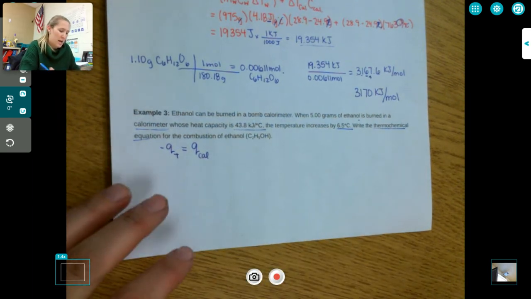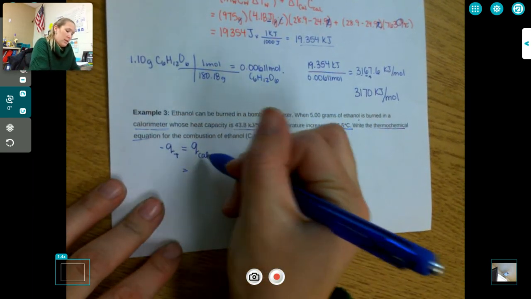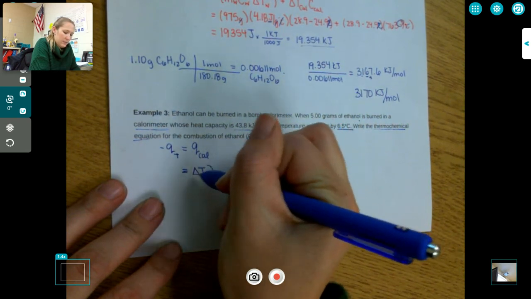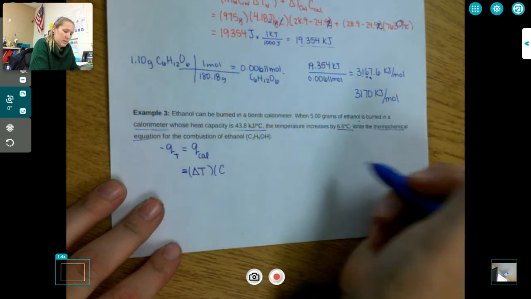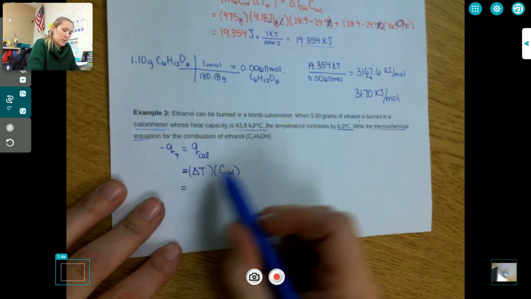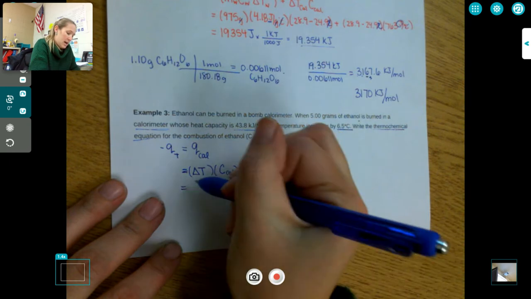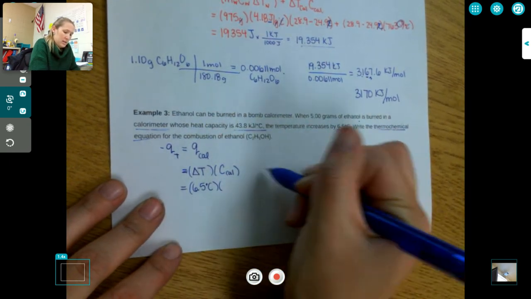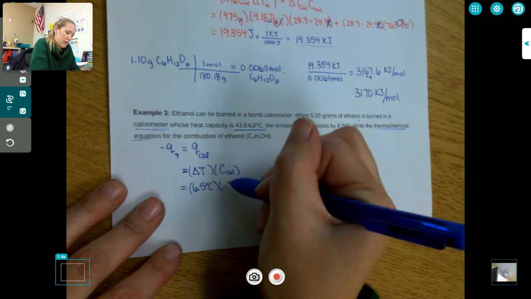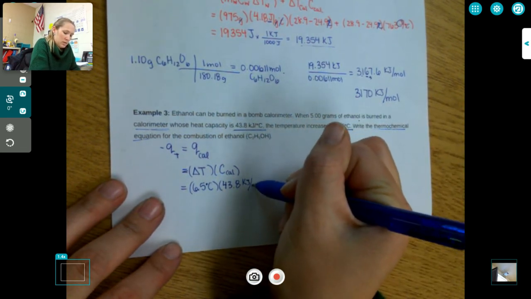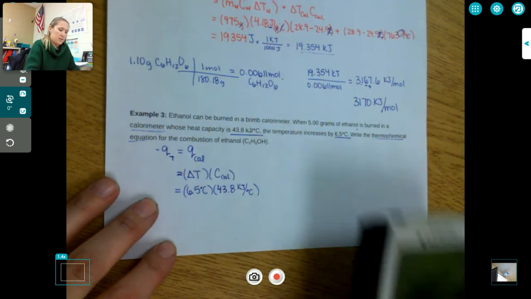And we know that it's given off because it's burning, right? It's an exothermic reaction. We know that the heat of a calorimeter is equal to the change in temperature times the heat capacity of the calorimeter. We're told the change in temperature is 6.5 degrees Celsius. And our heat capacity of the calorimeter is 43.8 kilojoules per degree Celsius.